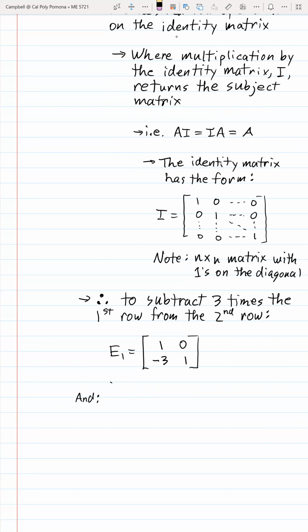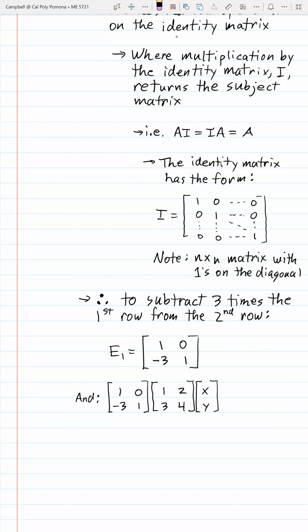So then we have 1, 0, -3, 1, times 1, 2, 3, and 4, all multiplied by x, y.